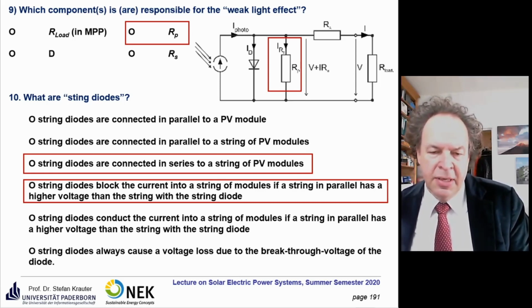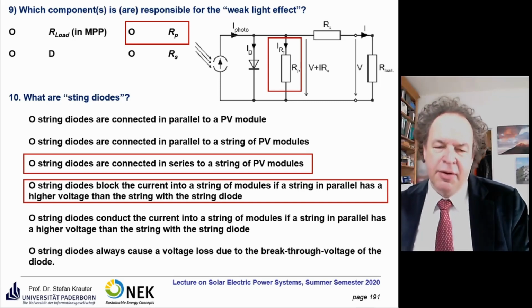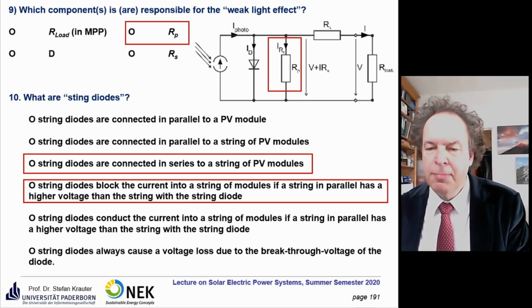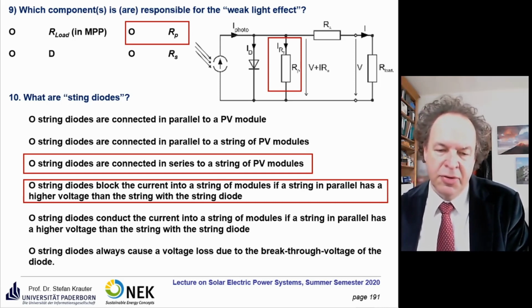No, you don't want this. You want to avoid that current goes into your string, so the upper one was right. This is wrong. And last but not least, the string diodes always cause a voltage loss due to the breakthrough voltage of the diode. Is this true? They are connected in series. Yes, there is a voltage loss, and this has to be considered.